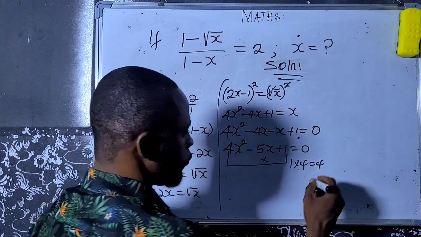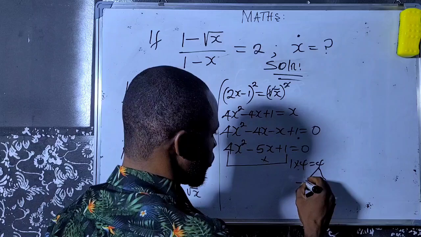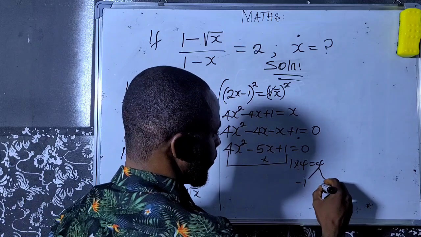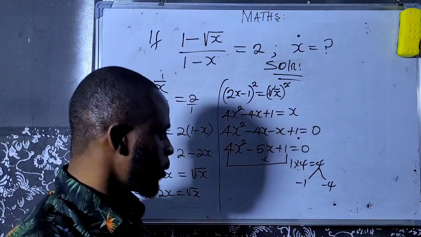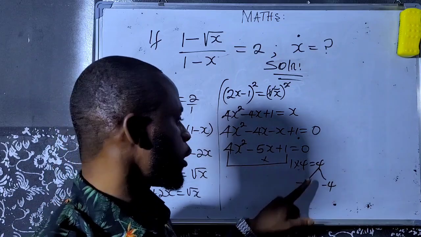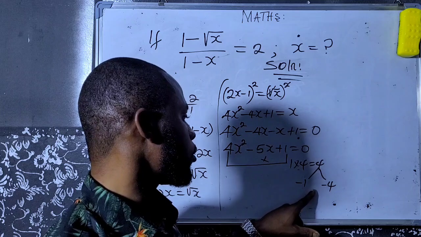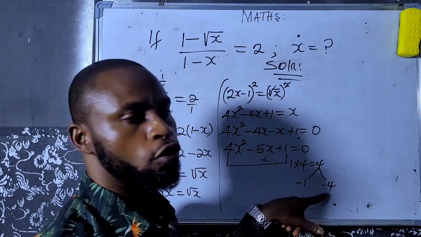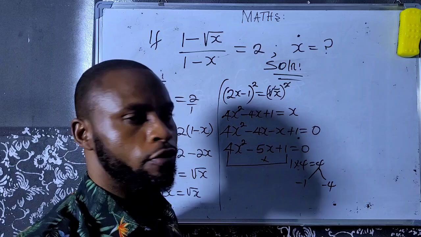Let these factors be minus 1 and minus 4. If you multiply minus 1 times minus 4, you get plus 4. If you add minus 1 plus minus 4, that gives you minus 5.